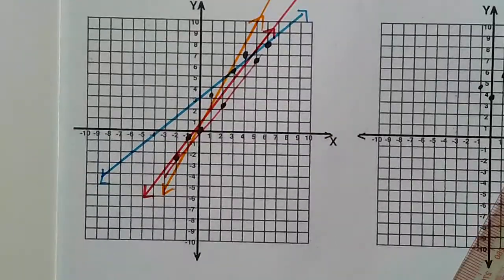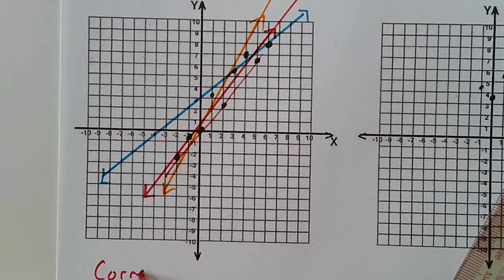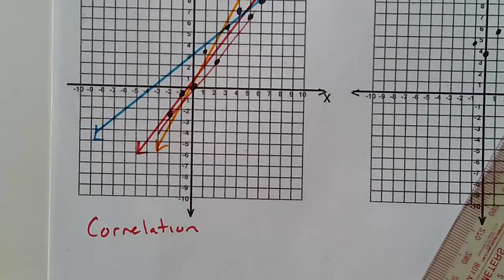Now, we talked in the last video about this word correlation. Correlation refers to the direction and how close the points are to our line of fit.